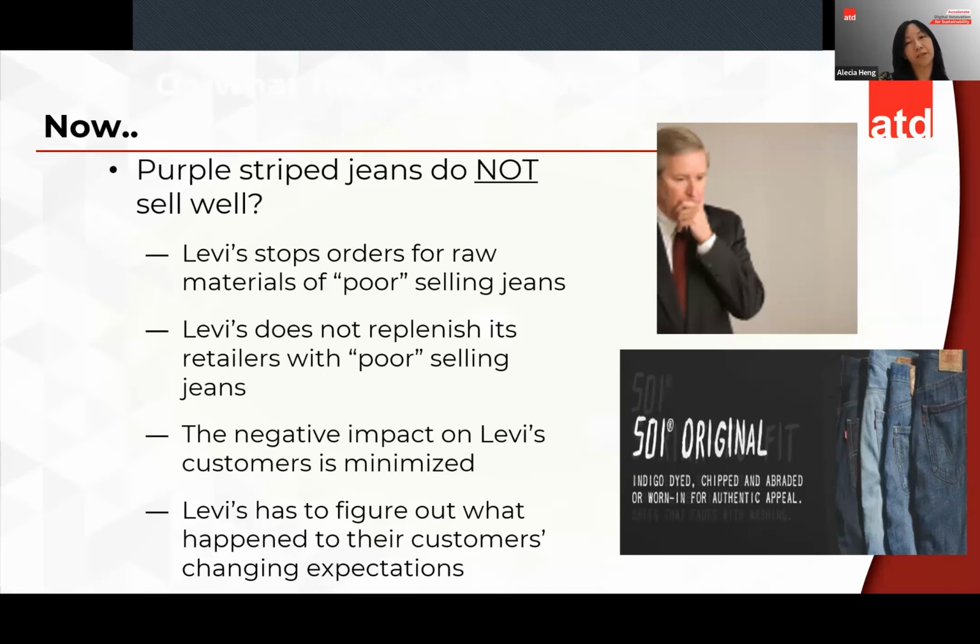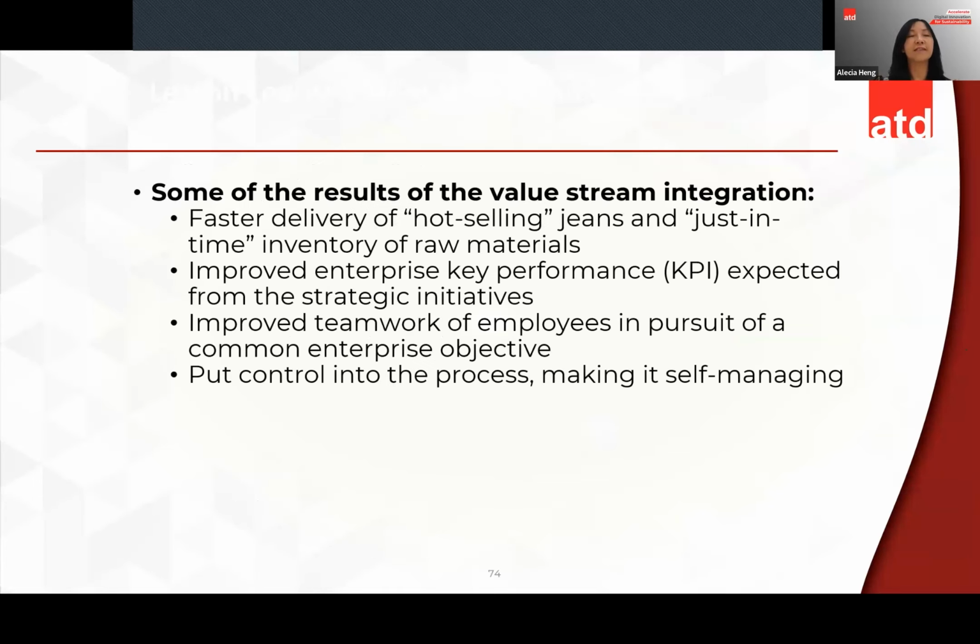So looking at this example from a business context, it's not just a supply chain management system, right? At the end of the day, what is the value being delivered by this system? It is faster delivery of hot selling jeans. It reduces stock through just-in-time inventory.